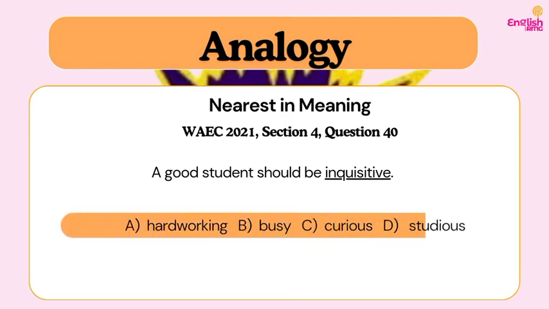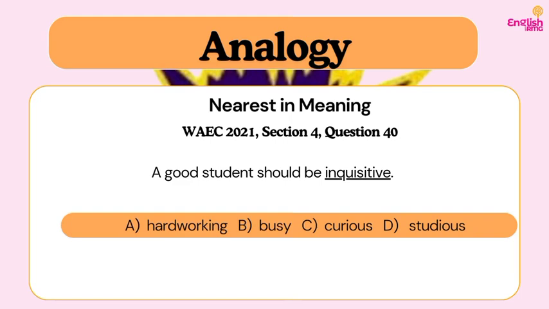So to be inquisitive means to be curious, to want to know more, to ask questions about something. So we have A, hardworking, B, busy, C, curious, D, studious. Our answer is what? I already said it while I was explaining: to be inquisitive means to be curious, someone who wants to know more, someone who would ask questions about things.